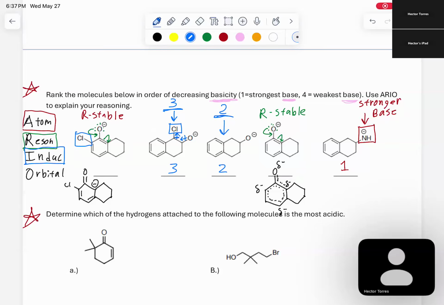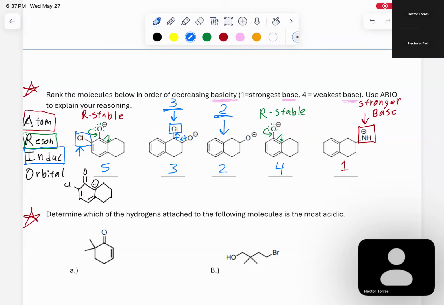So that means that one is going to be more stable than the other. This one has induction, it has resonance, it has an oxygen, thus it's going to be more stable than the one without the chlorine. Remember, if it's more stable, it's not going to be as strong of a base. So this one's going to be the weakest base, and this one's going to be the second weakest base.